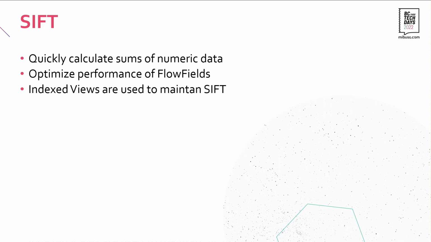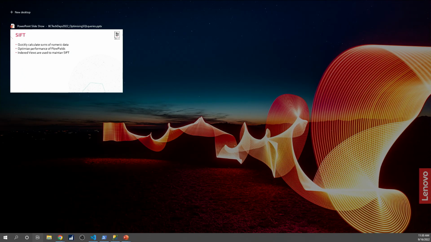Also, it is important to know that each SIFT key that we add in a Business Central table is a new indexed view in SQL Server. Maybe I'll just switch again to.